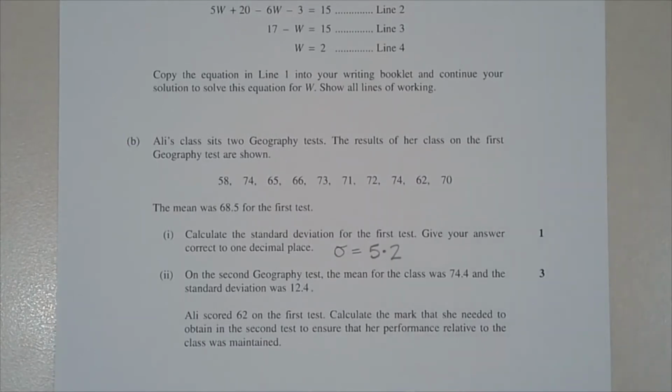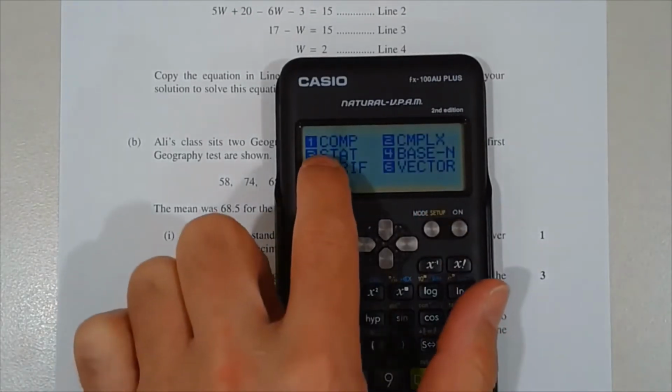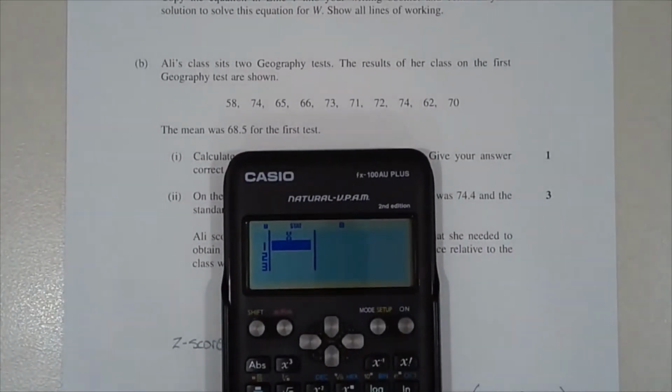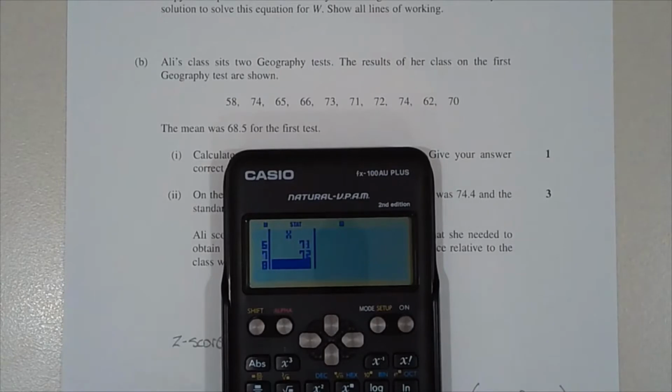Now for this you can use stat mode on the calculator. So mode 3, then 1-var, and then just enter in the scores as shown. So 58, 74, 65, 66, 73, 71, 72, 74, 62, and 70.